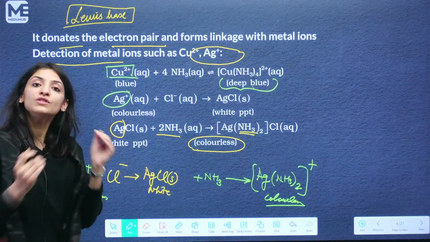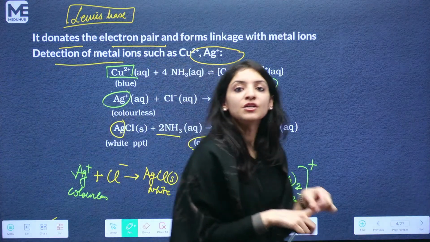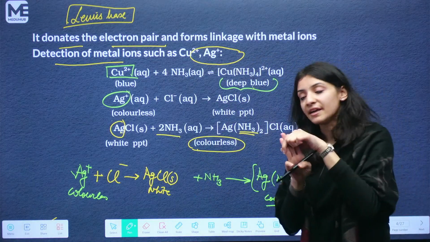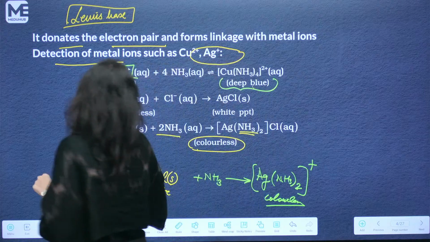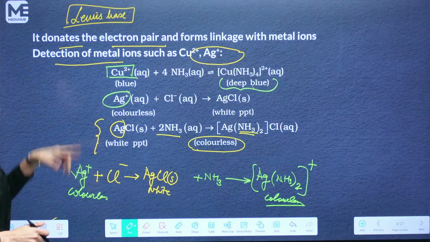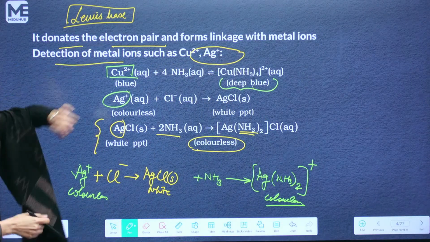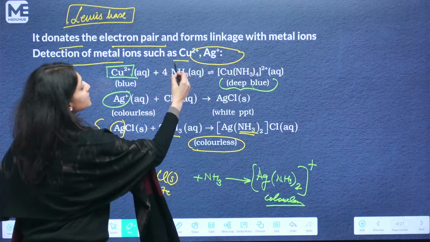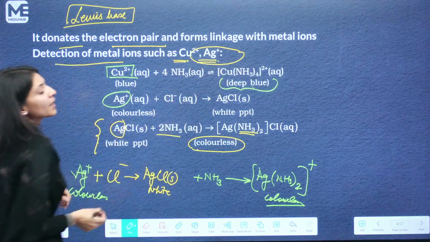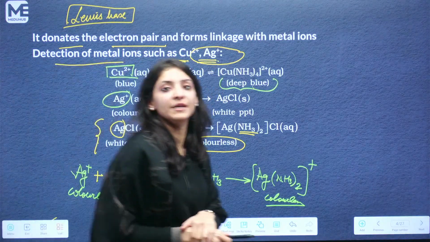So what is the sequence of color change? From colorless you get white and then you again get colorless. So this is how you get to know that Ag+ ions were present. So because it is a Lewis base, ammonia can be used for the detection of metal ions like copper 2+ and Ag+.